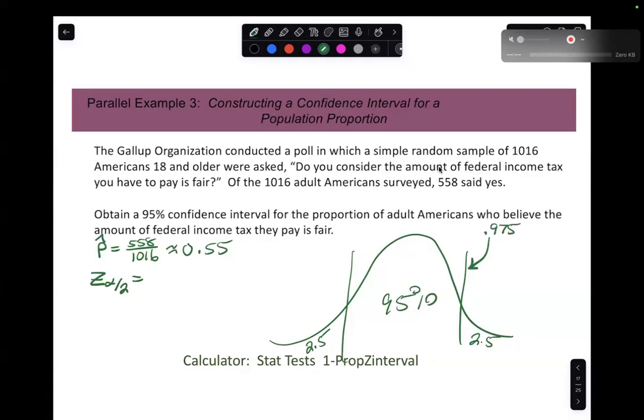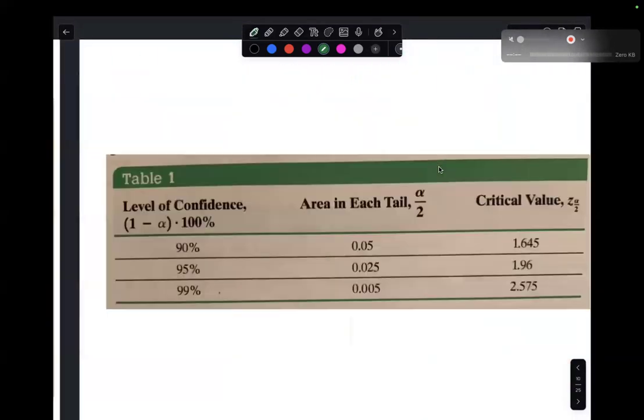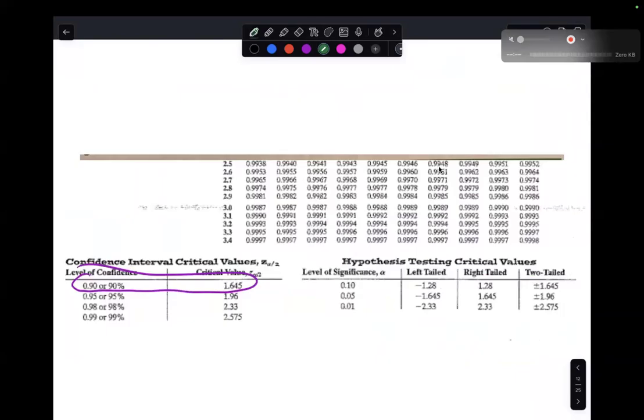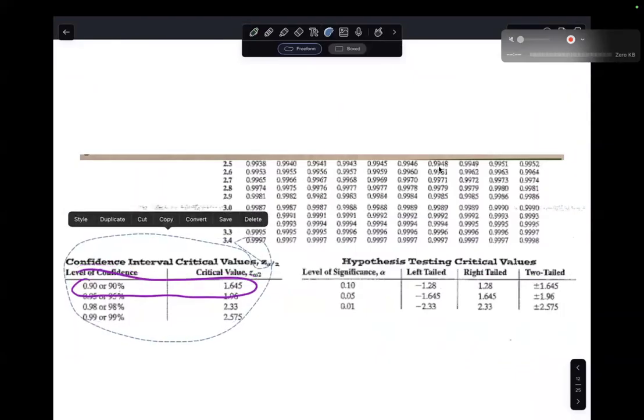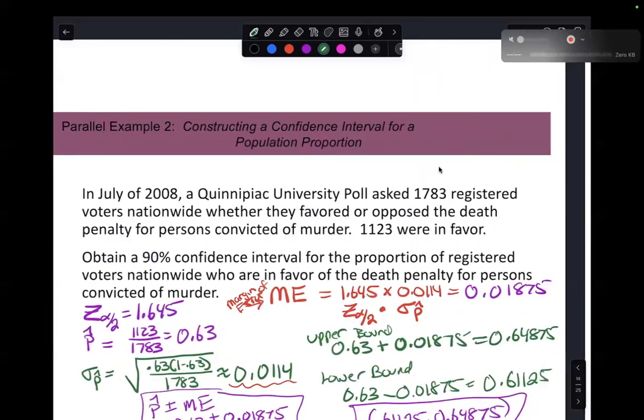So if you're going to use your inverse norm, you're going to use it with 0.975. Or we can go here to the z table. 95% is right here. So it's 1.96. That's the z sub alpha.